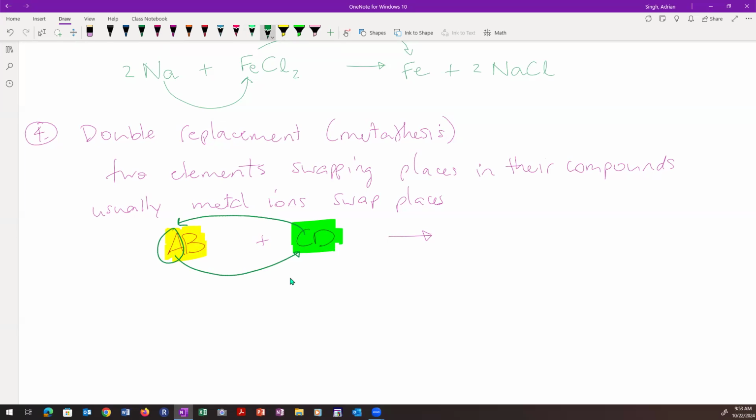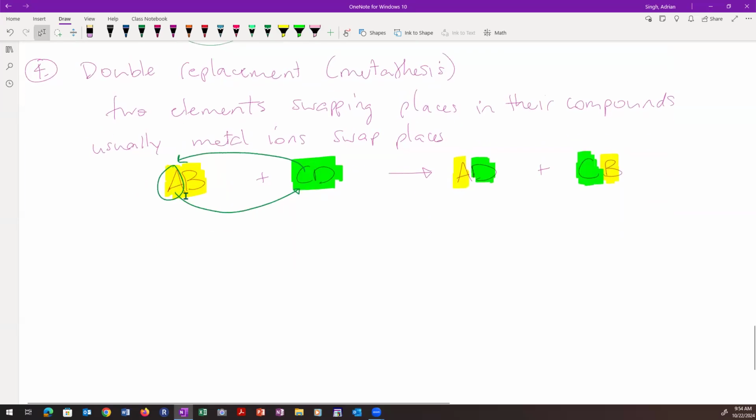So I end up making two new combinations now. So A takes the place of C to make AD, and then C takes the place of A to make CB. So in terms of the color here, the B is still yellow, the A is yellow, and then the D would be green, and the C would be green as well, right? So we end up making two new compounds when, in this case, the A and the C swap places.